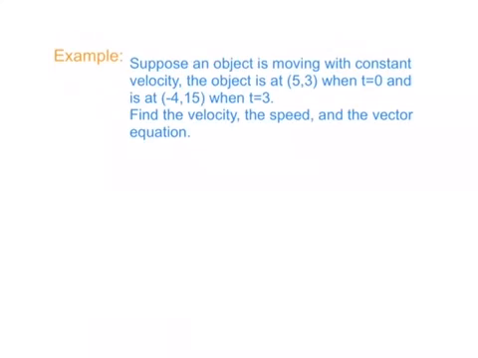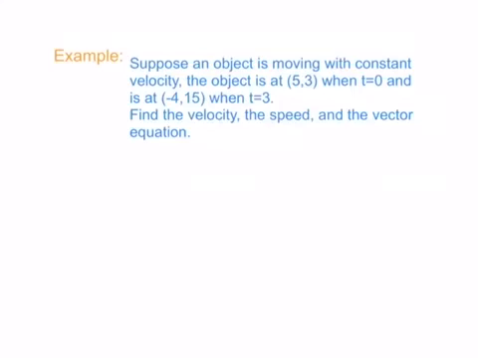So, for example, suppose an object is moving with constant velocity. The object is at 5, 3 when started, at 0 time, and it kept going, and after 3 units of time, whether 3 minutes, 3 hours, doesn't matter, the object reached the point -4, 15 on the grid.